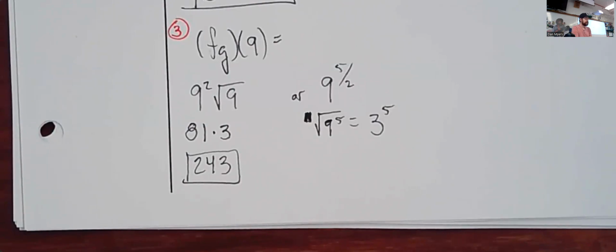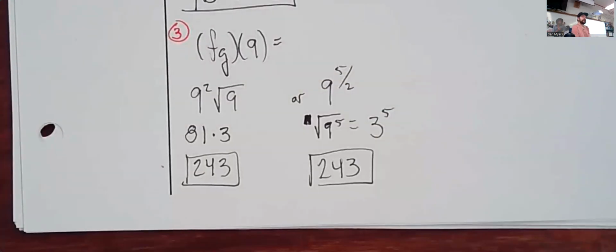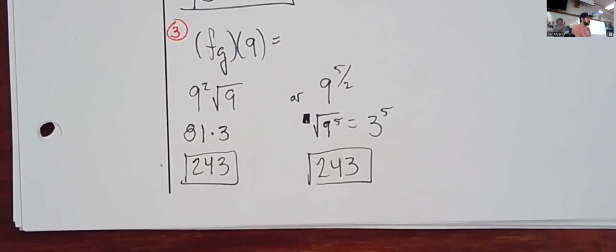What's 3 to the 5th power? 243. Yeah. So either way, I mean, it better be, because we said it was the same problem. So either way, 243 for that thing.